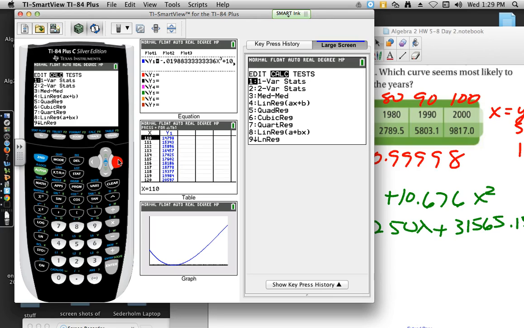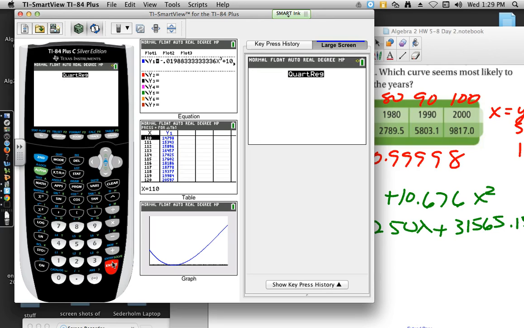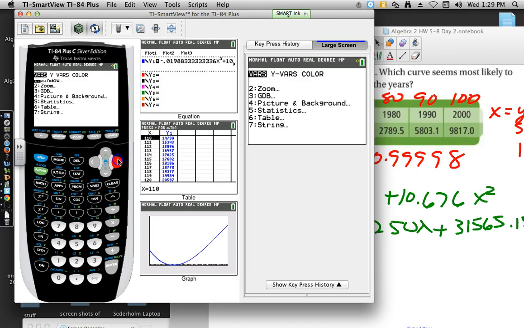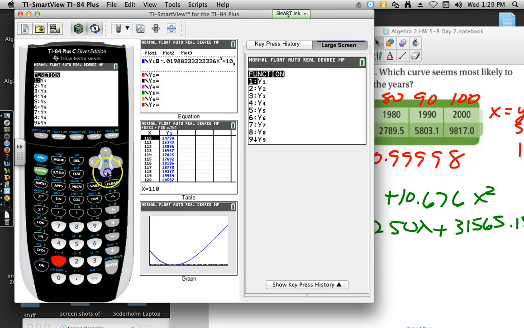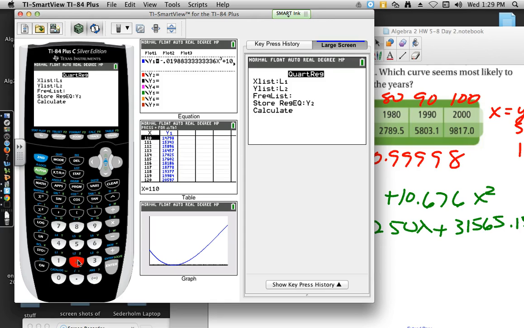We now want quartic regression, which is down here as number 7. And I do still have that information in list 1 and list 2, but this time I'll do variables, y variables for functions, the second, y sub 2 down there, and calculate so I can see both of those graphs at one time if I want to take a look at those.